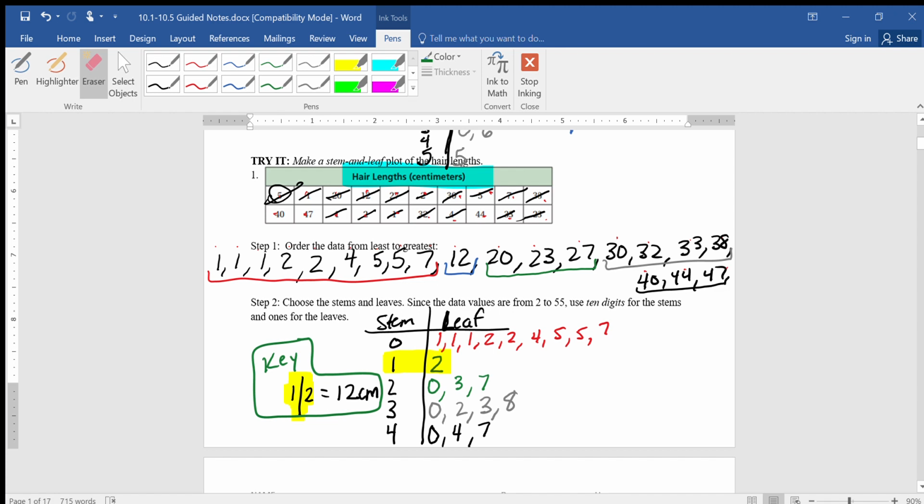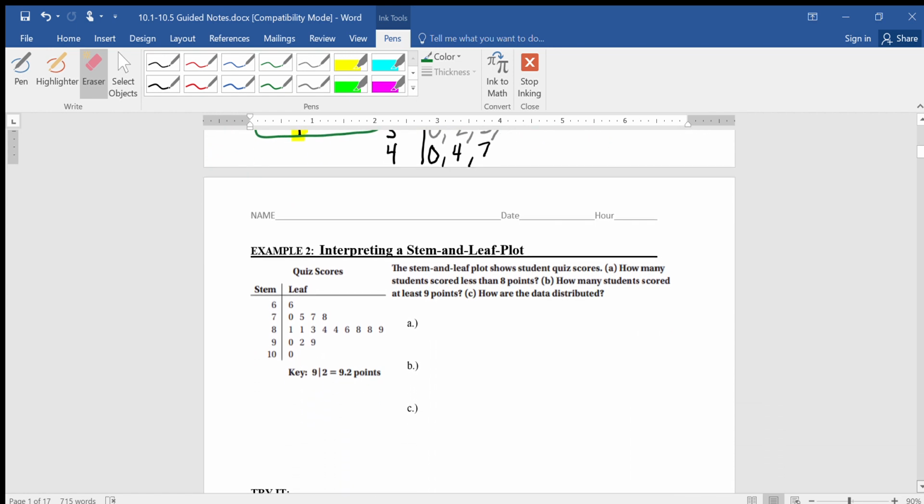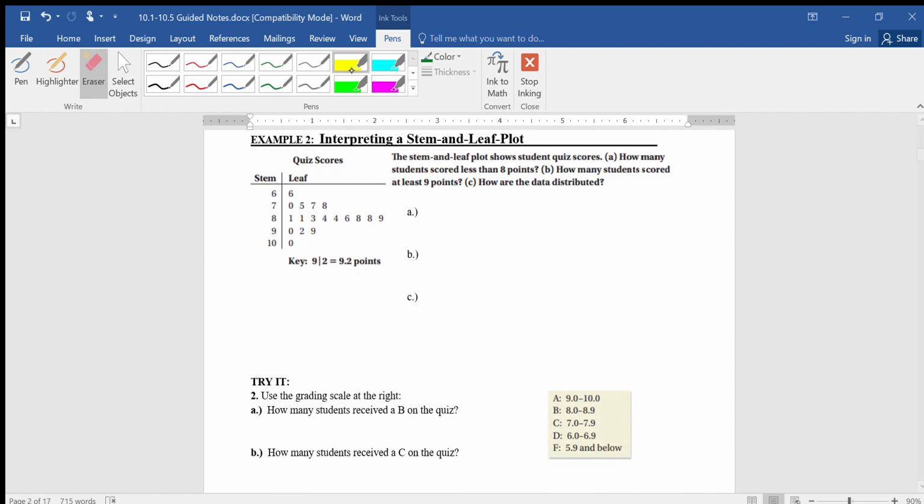So that takes us on to the next page, to example 2. Example 2, we talk about quiz scores. So what's going on here? The first thing we need to look at, since we did not make the stem and leaf plot, we need to know what's going on. Here we go. The stem, we have 6, 7, 8, 9, and 10. The leaves, we got numbers.